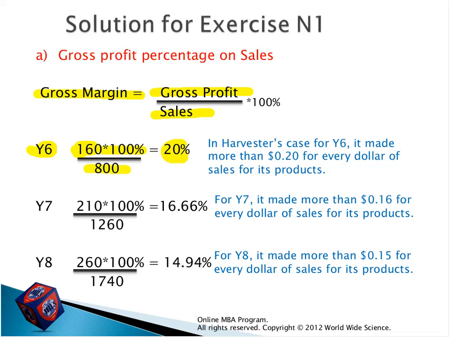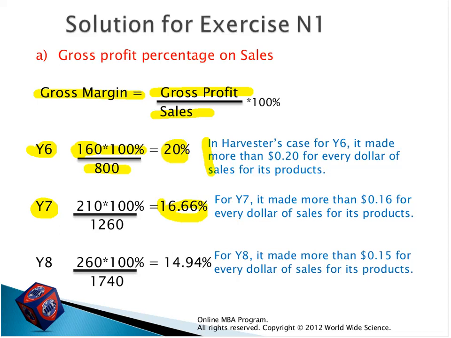What does that mean? That means in Harvester company, for year 6, it made 20 cents for every dollar of sales of its products. Next, for year 7, after calculation, you have the result 16.6%. So for year 7, the company made about 16 cents for every dollar of sales of its products.